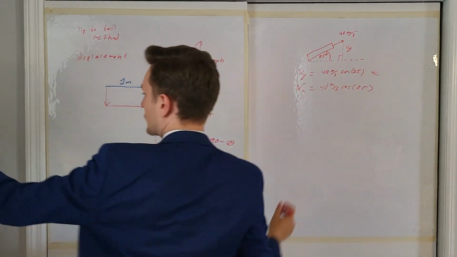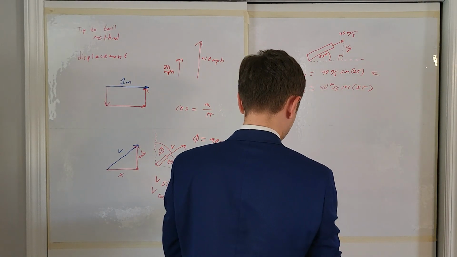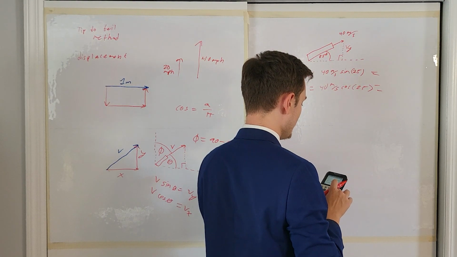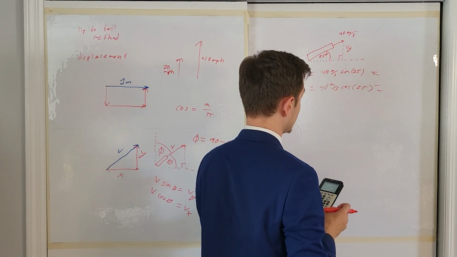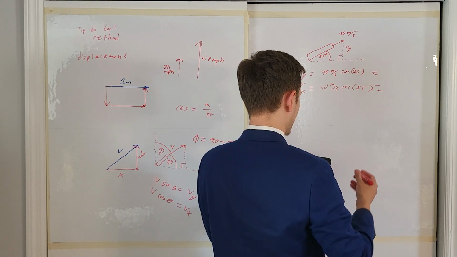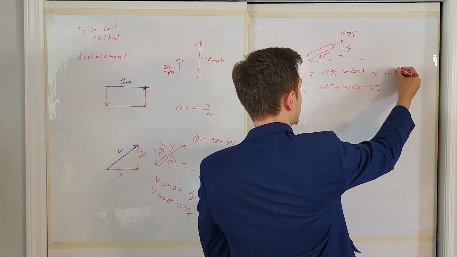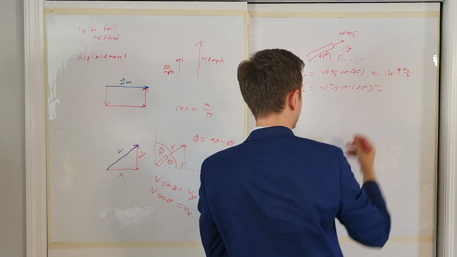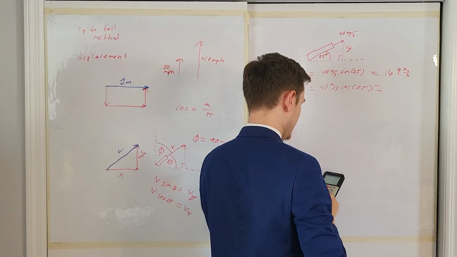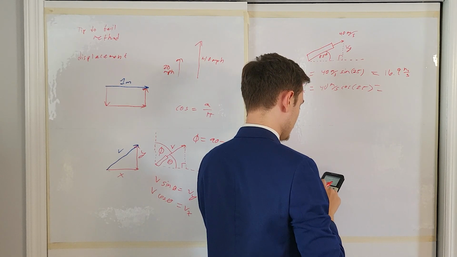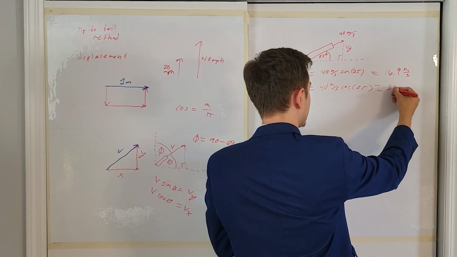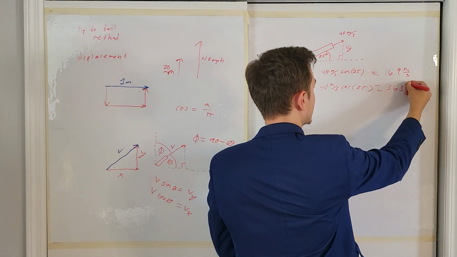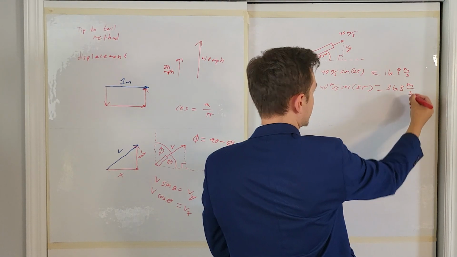And if I were to get my calculator out, make sure your calculator is in degree mode, not radian mode, because we're going to be dealing with both types if you're taking this for a physics class. So this velocity in the y direction is going to be 16.9 meters per second. And the velocity in the x direction, we're going to multiply by cosine of 25 degrees, that's going to give me 36.3 meters per second. Okay?